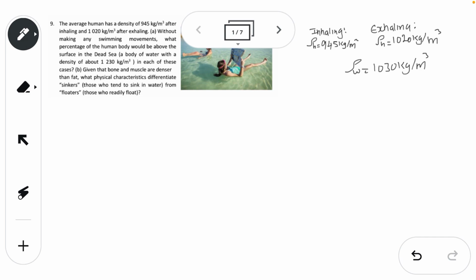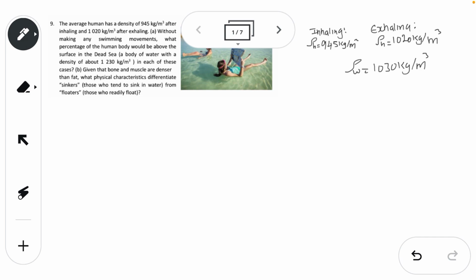First we have to consider the weight of the human as well as the upward force exerted by the fluid. The upward force exerted by the fluid is equivalent to the weight of the fluid. The only thing that is different here is the direction: it's acting upward.